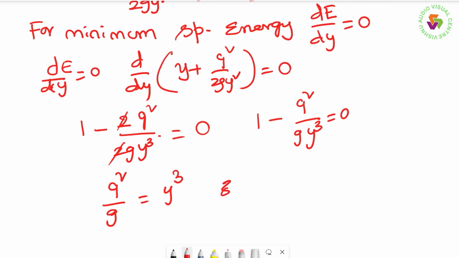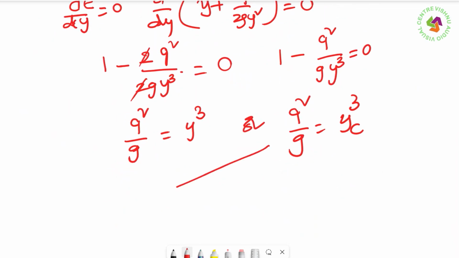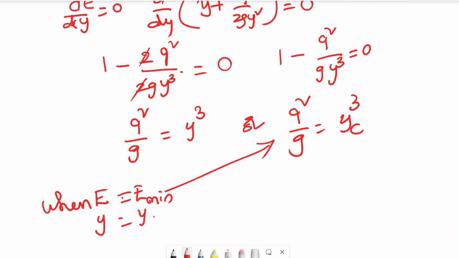Or q squared by g is equal to yc cubed, because when E becomes E minimum, y becomes yc. If you want, you can note it here. When E becomes E minimum, y becomes yc.